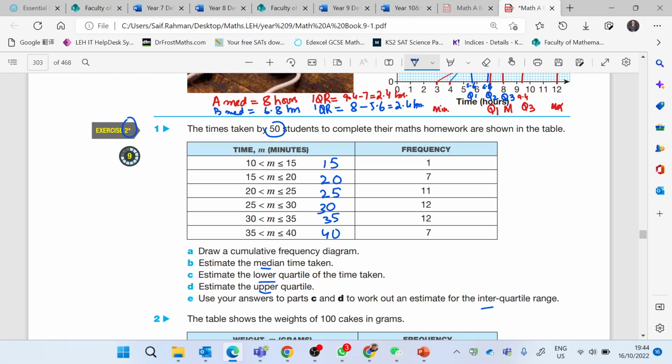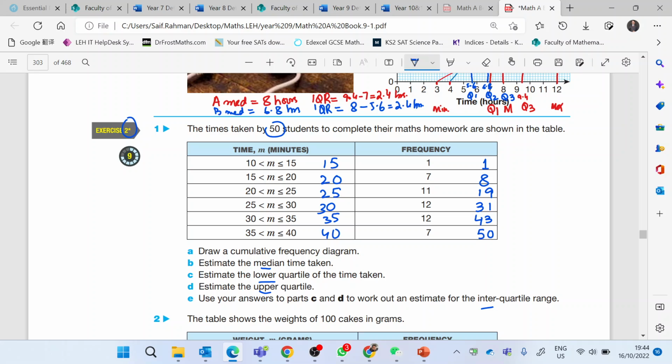And cumulative frequency you have to draw because you have to do it cumulatively. So here it's 1, and here it's 8, and here it's 11 plus 8 is 19, and 19 plus 12 is 31, and 31 plus 12 is 43, and then 43 plus 7 is 50, right?